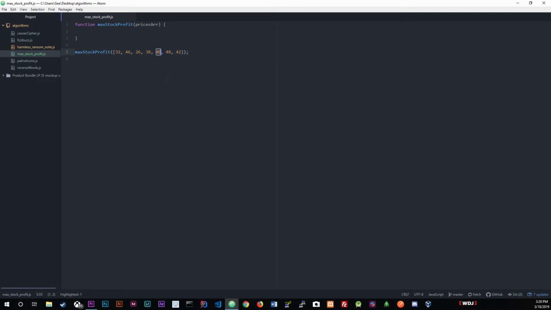We get an $8 profit right there, which is not as good as the 14. But the answer to this array is actually $22. We buy at 26 and we sell at 48. This will give us a $22 profit.